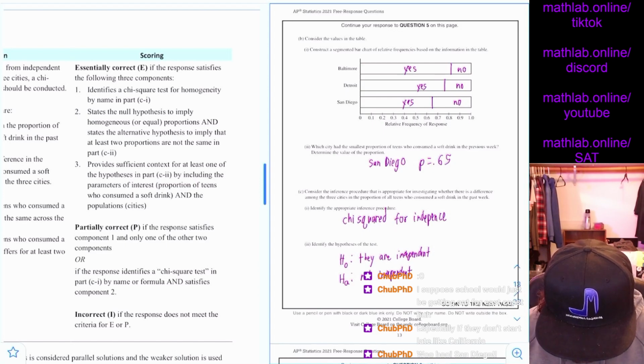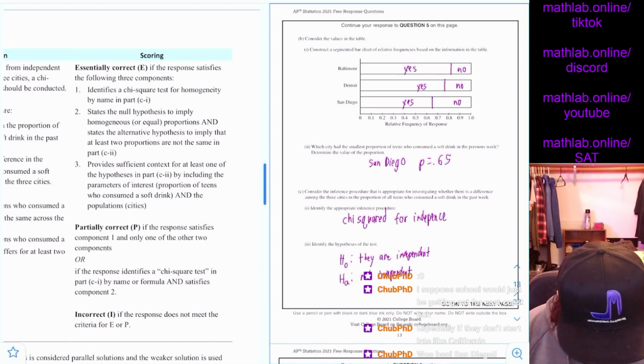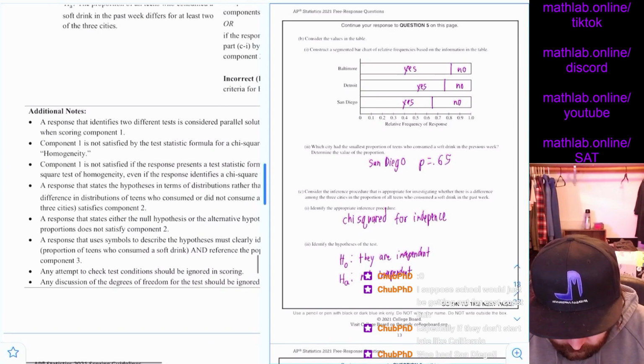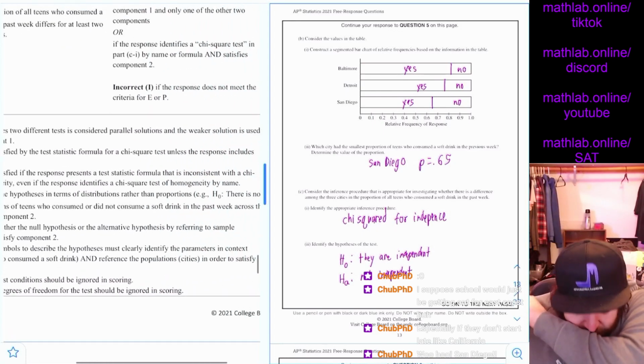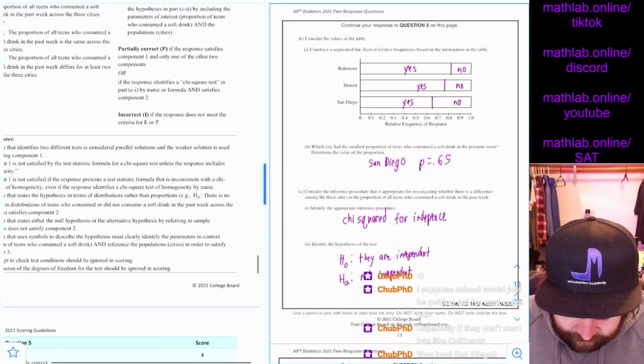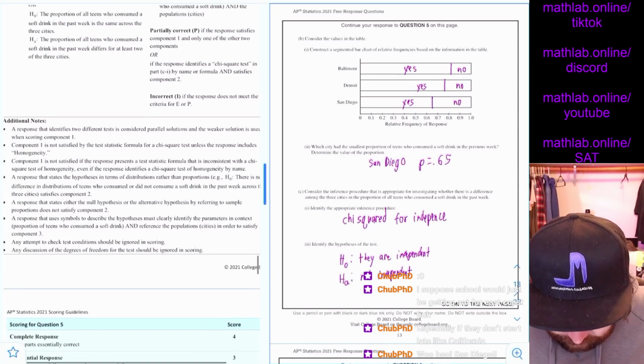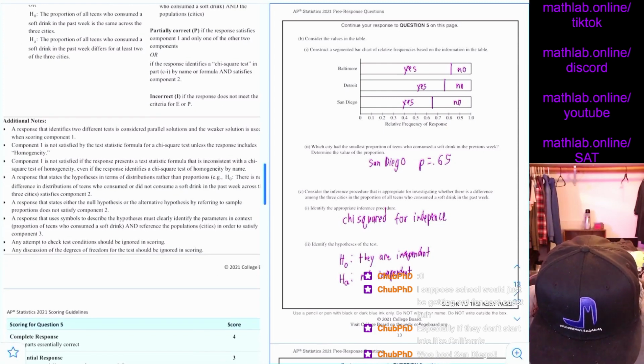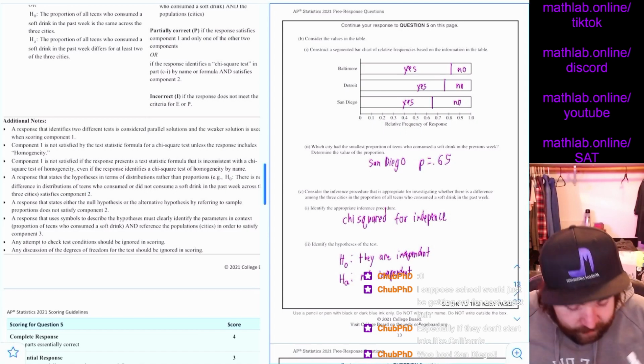Or satisfies component 2. So I didn't satisfy component 2, but I did say the chi-squared, so I'd get a P. Thank you. I see no mention of the independence thing. Got it. So it's for homogeneity instead of independence.